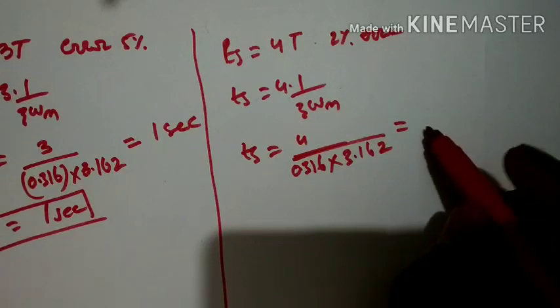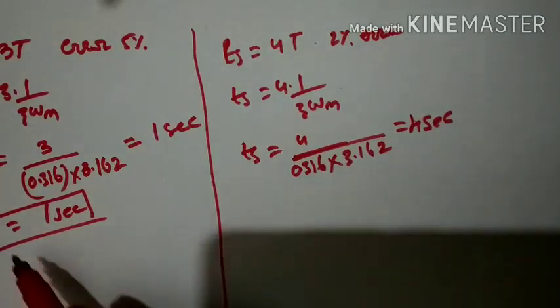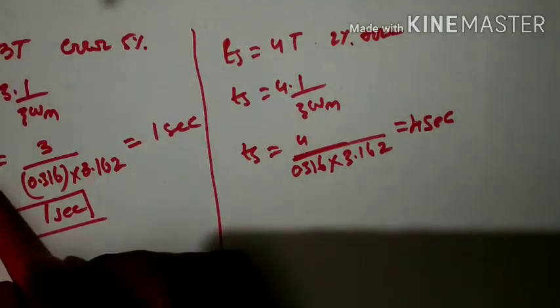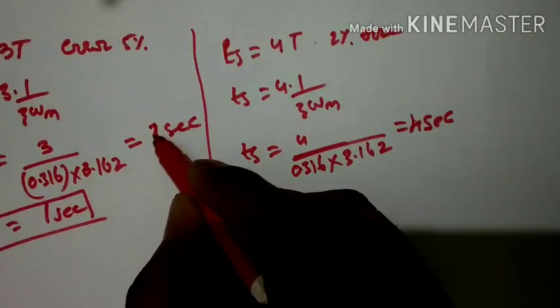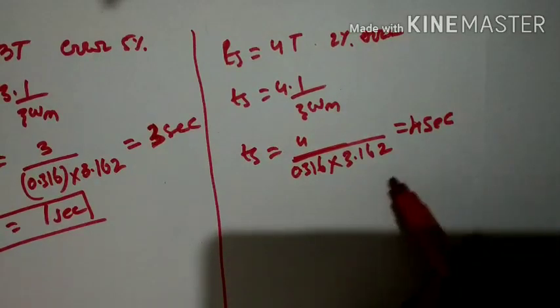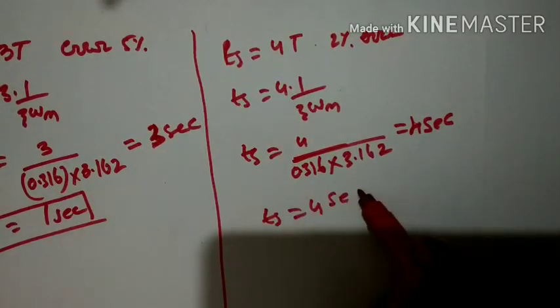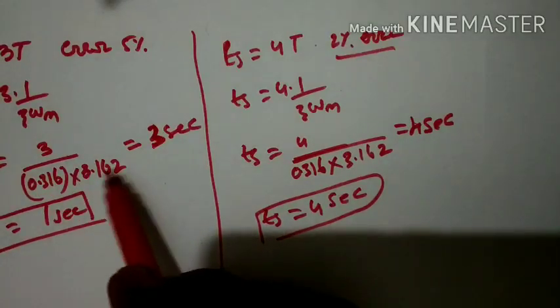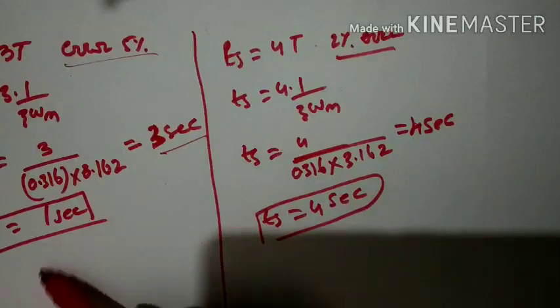So settling time Ts is 4 seconds when the error is 2%, and when the error is 5%, you got 3 seconds.